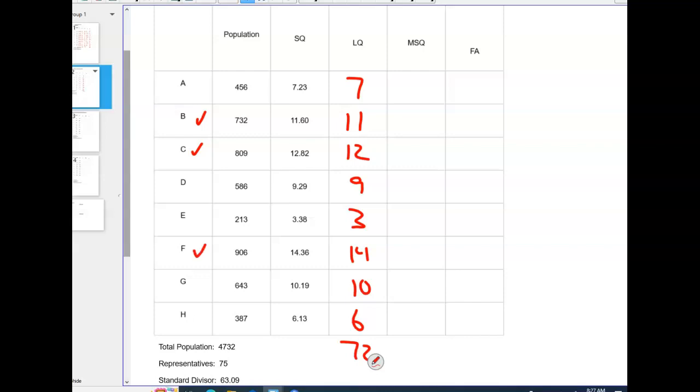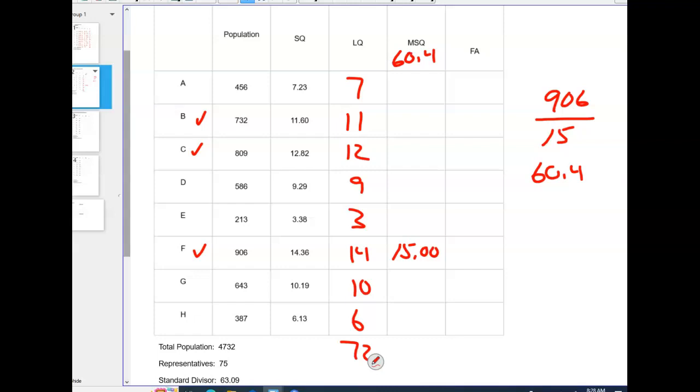So to get my new standard divisor, I'm going to intentionally move F up 1. I'm going to make the standard quota 15.00. And to get my new standard divisor, I'm going to do off to the side 906 divided by 15. And that's going to give me 60.4. And that's going to be my new standard divisor.